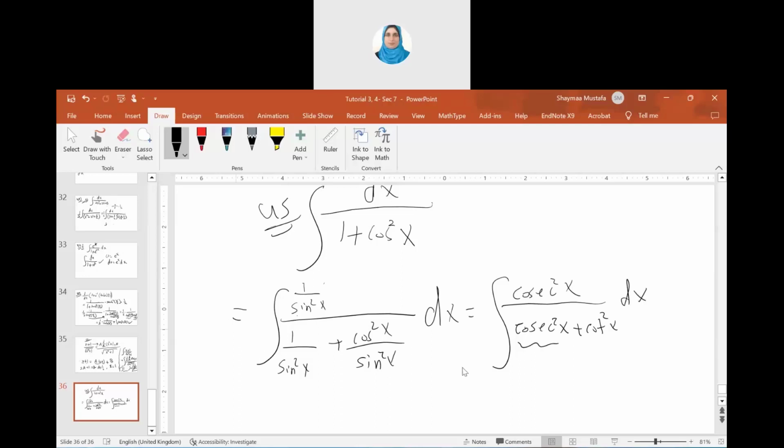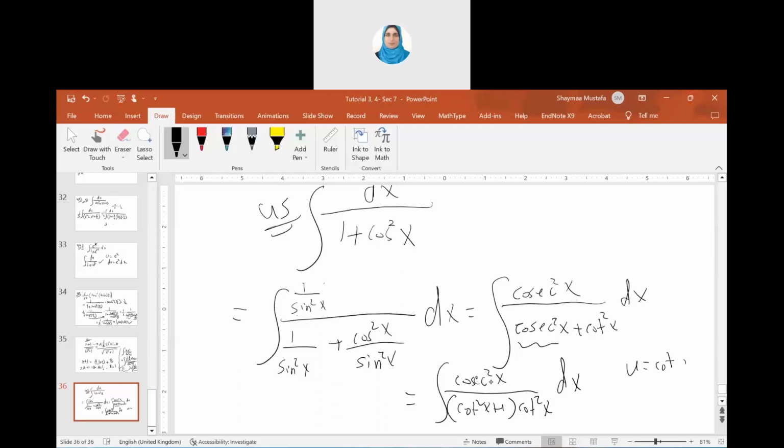Now cosec square is equal to cotan square plus 1, from the identities.